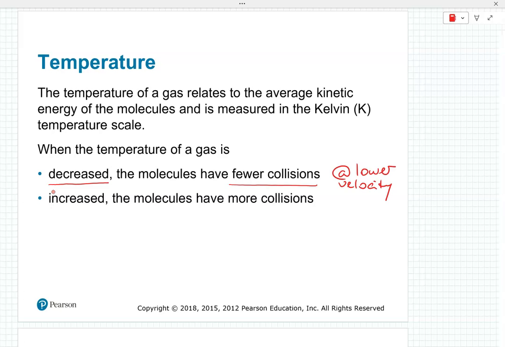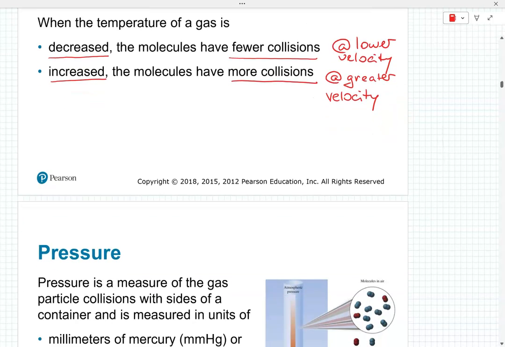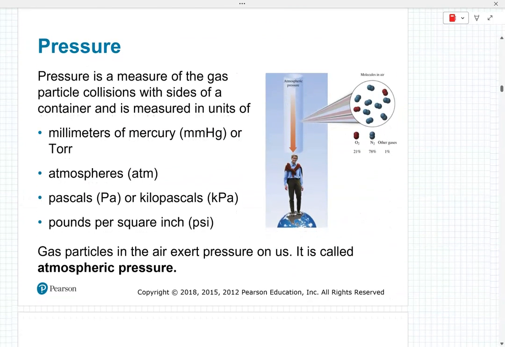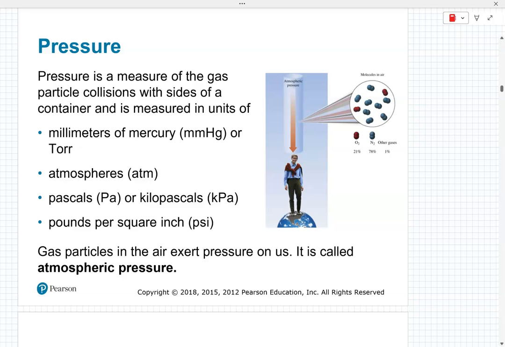If the temperature increases, more collisions, at greater velocity. Okay? Cool.